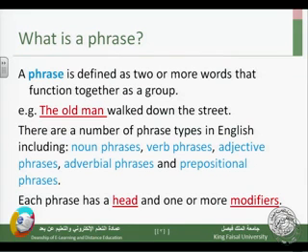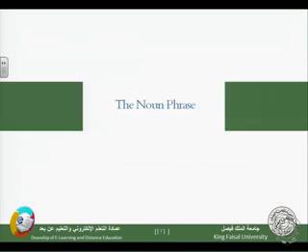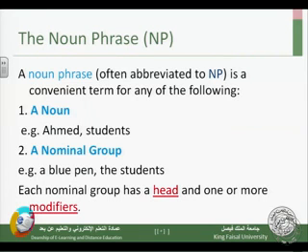So each phrase has a head and one or more modifiers, and we'll see what this means shortly, inshallah. So we'll start with the noun phrase. The noun phrase, or NP is the abbreviation, it is a convenient term for any of the following.